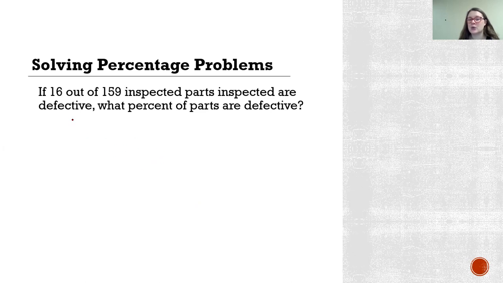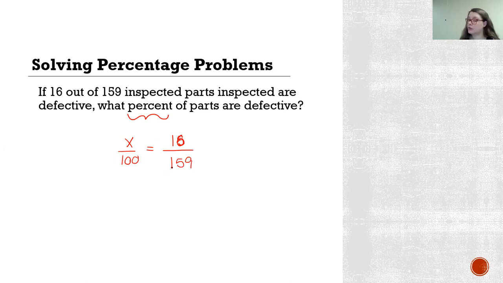Okay, so we're looking for percent. So I know I'm going to have to divide my two quantities. So something out of 100 is equal to, well, the defective ones are the percent that I'm looking for. So I'm going to match that up. That's 16 out of 159, and 159 is the whole amount of parts that were inspected.